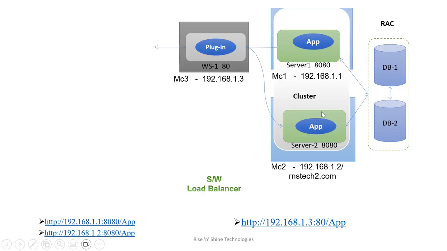Then this app server processes the request, and using the database listener it connects to one of the databases, accesses the data, performs the transaction, and gives the response back to the web server, and the web server returns it to the client.